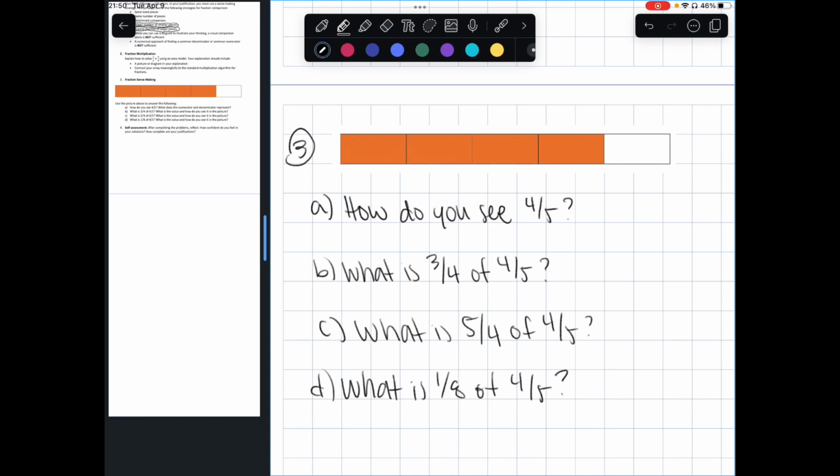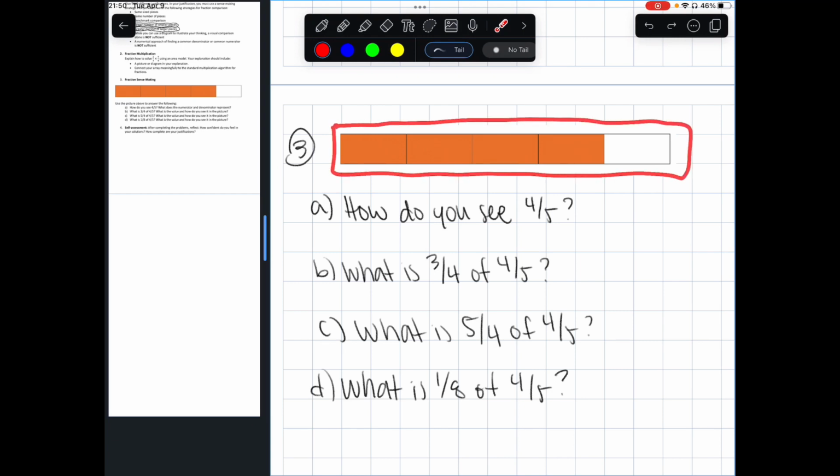So what we have here is our fraction, right? And we're answering A right now. So how do you see 4/5? Right now, I see that this is our whole with 1, 2, 3, 4, 5 pieces.